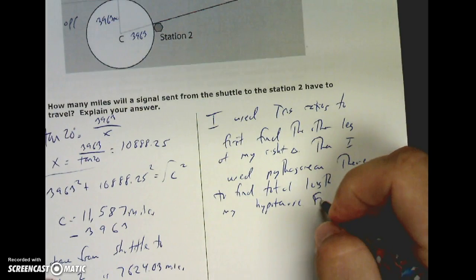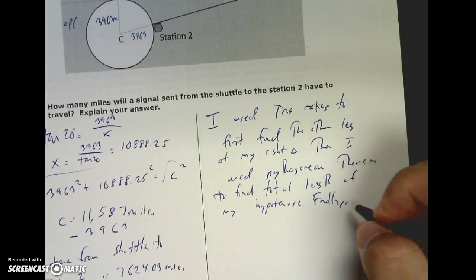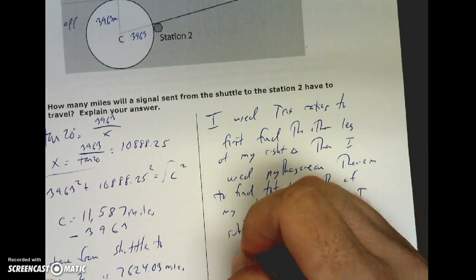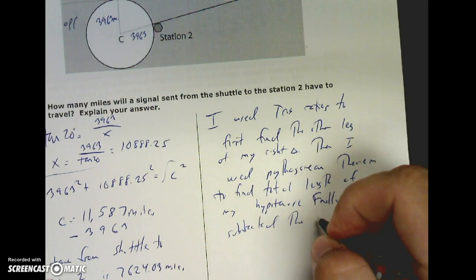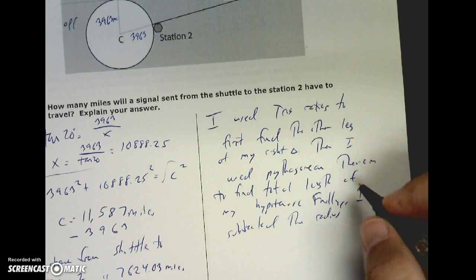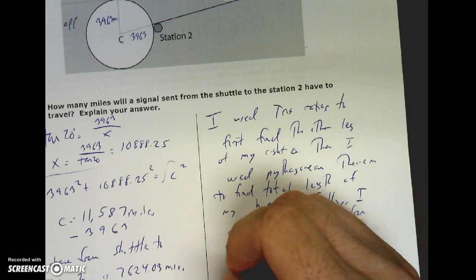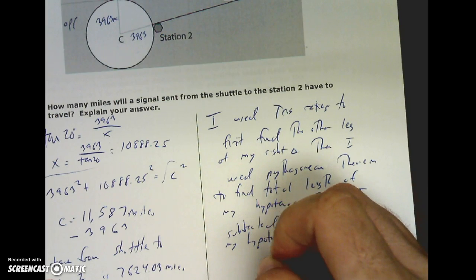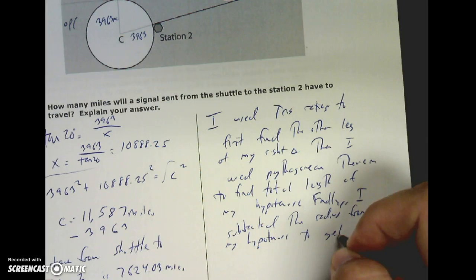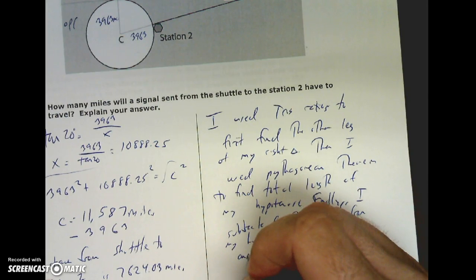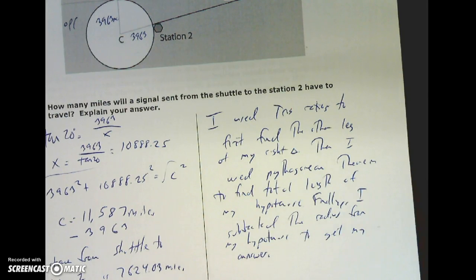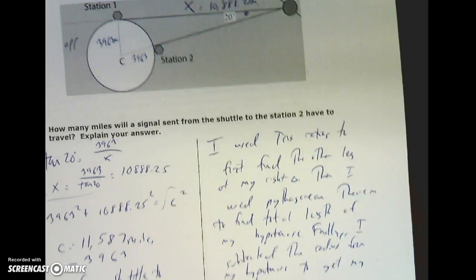Finally, I subtracted the radius from my hypotenuse to get my answer. Okay? So nothing too bad, just put in the words what you chose to do.